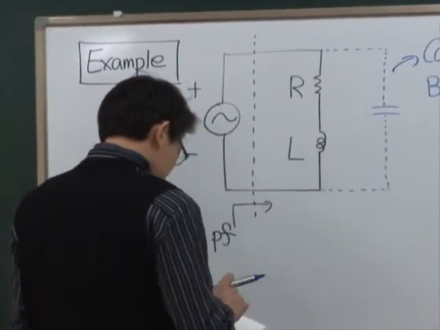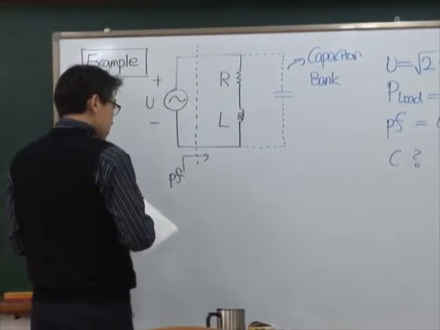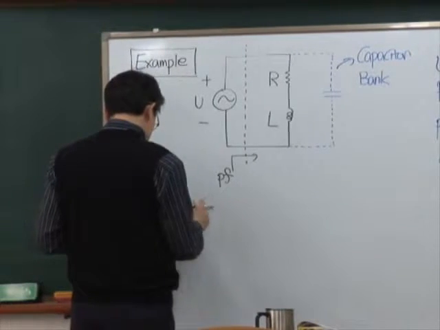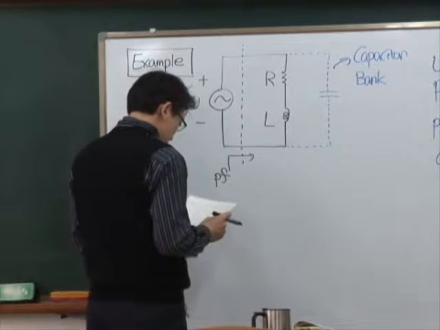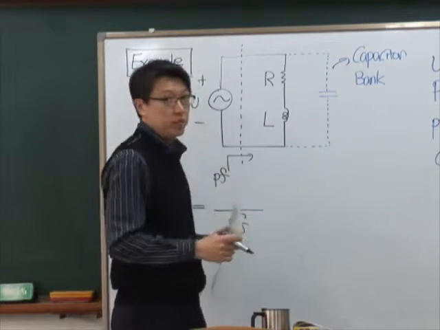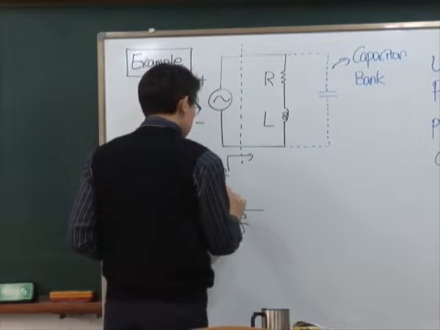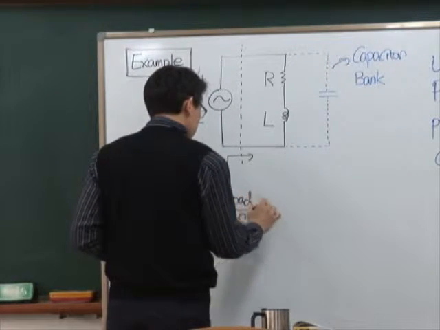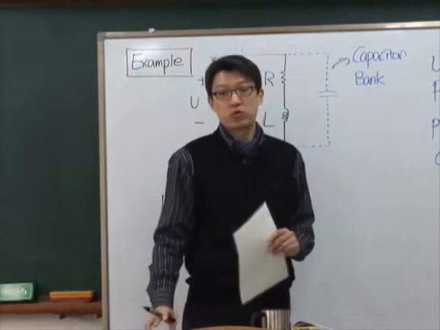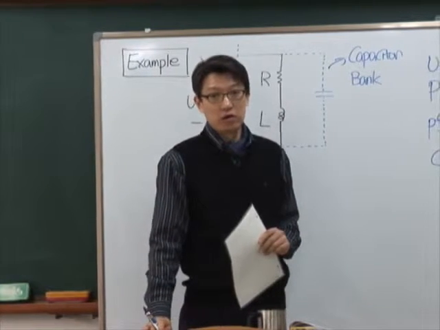So, now let's start with apparent power. For apparent power, we are using the meaning of power factor. Power factor was defined to be the ratio of average real power divided by apparent power.